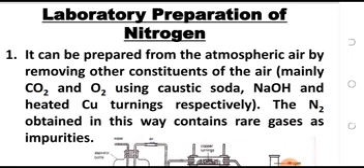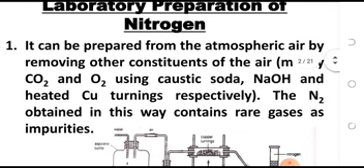Now what we do here is we remove other constituents of the air, mainly carbon dioxide and oxygen. Carbon dioxide is removed using caustic soda, that is sodium hydroxide, while oxygen is removed using heated copper turnings. Copper turnings is a granulated form of copper. It will be heated.